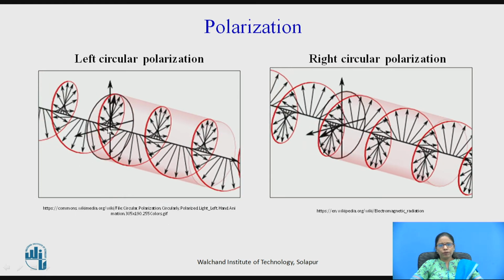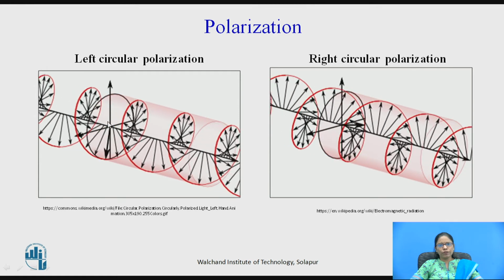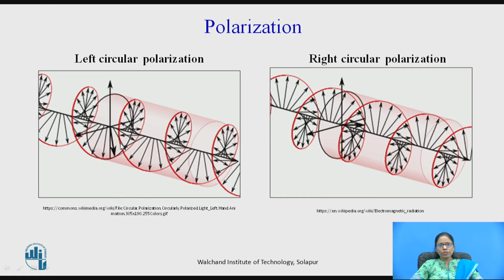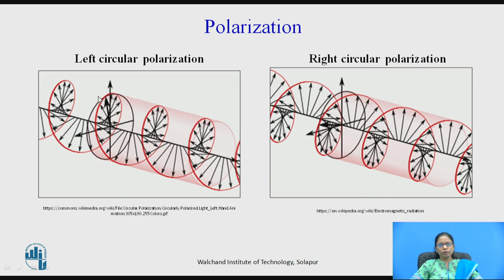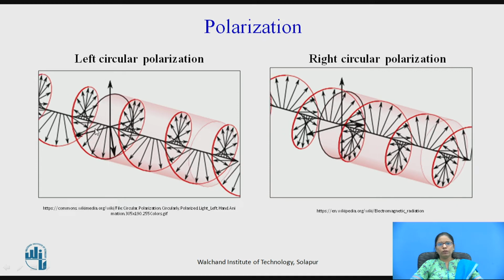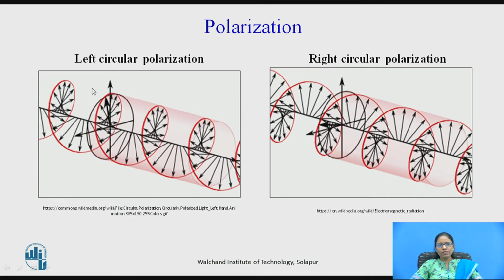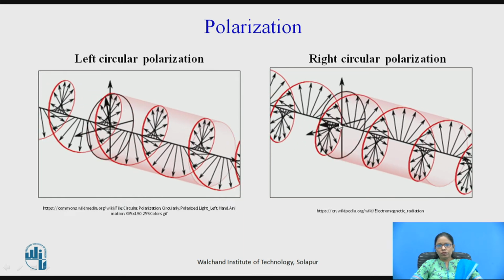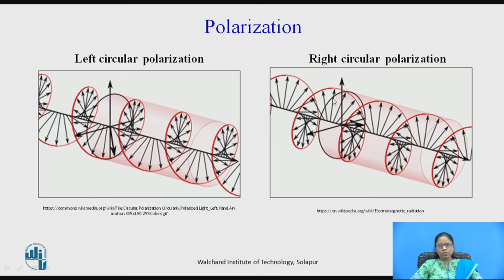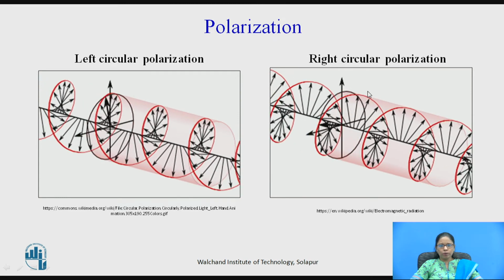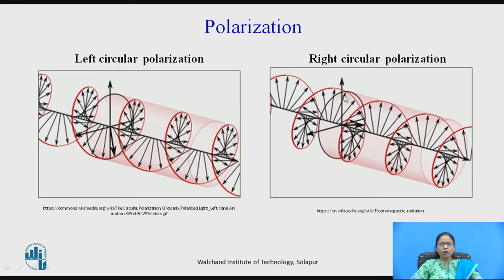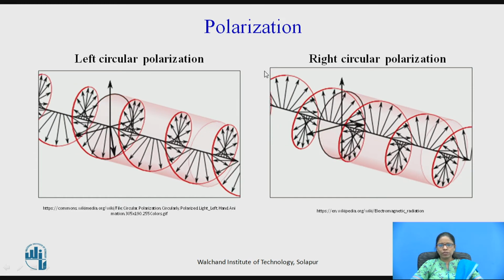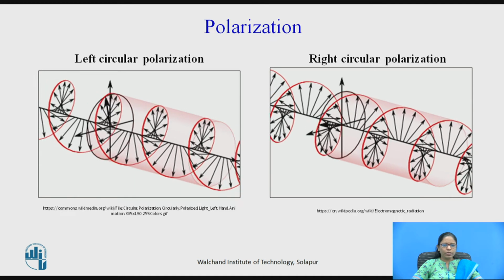In this circle, the oscillations are along the clockwise direction, forming a circle over a plane, so it is called left-hand circular polarization. If the oscillations also form a circle but take place in the anti-clockwise or counter-clockwise direction, then it is called right circular polarization, or right-handed circular polarization.